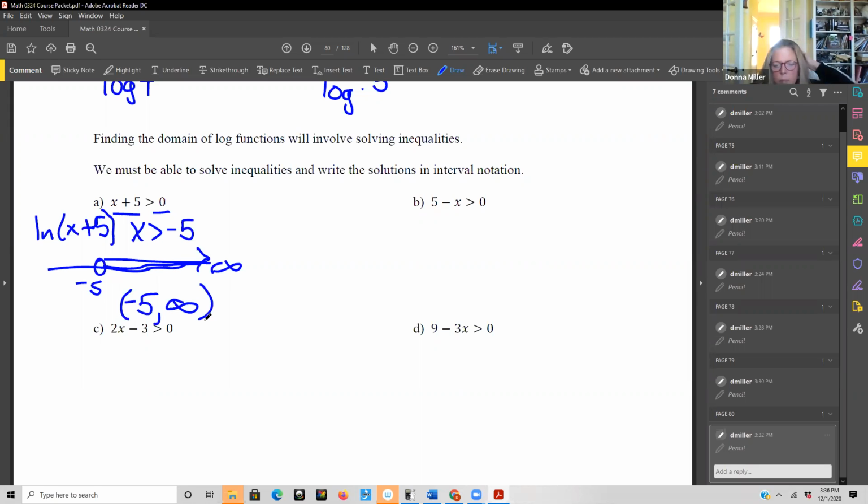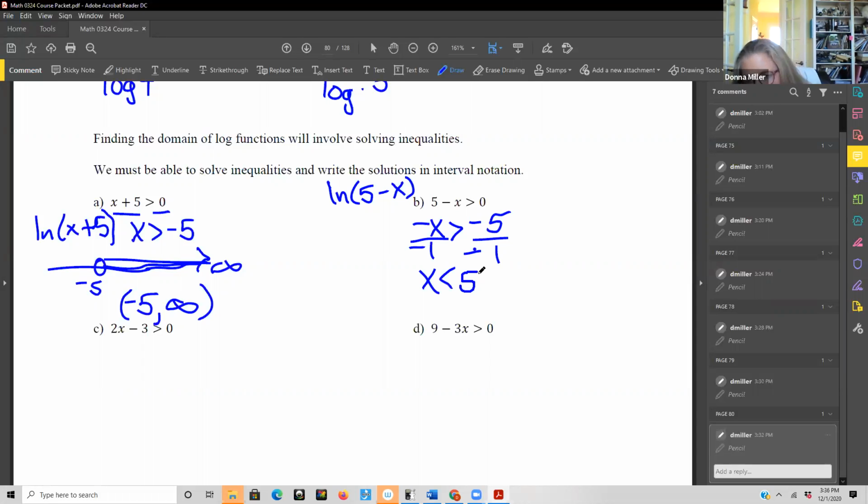Remember, when you have an inequality, there is one situation in which you flip the sign: when you multiply or divide by a negative. So for example, if I'm working with this, I can move the 5 over, and then I could divide by negative 1. But when I divide by negative 1, I must flip the sign.